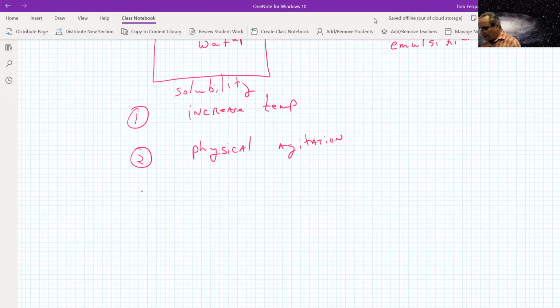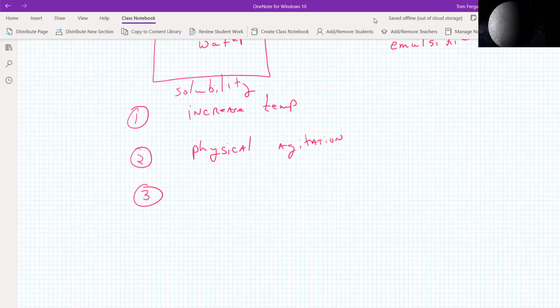And there's one that's not so obvious. Going back to the coffee, which would dissolve better in your coffee, granulated sugar or powdered sugar? Why would powdered sugar dissolve better? Smaller? Yeah, exactly. And it's not as clumped together.